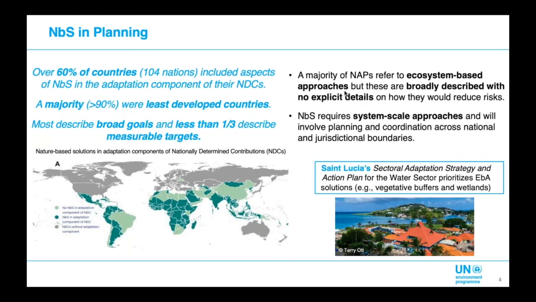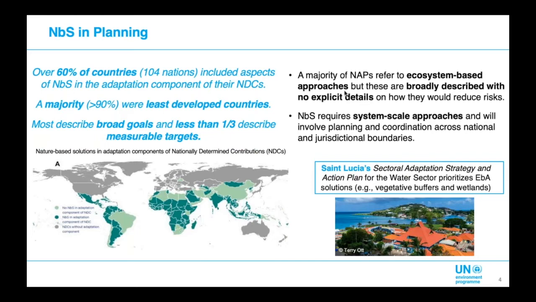An analysis of nationally determined contributions showed that over 60% of countries included elements of NBS in their adaptation component. A vast majority of these were least developed countries, and most of these describe broad goals, and less than a third really describe measurable targets.